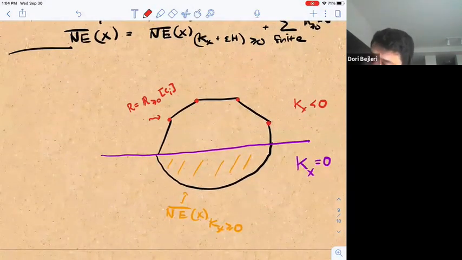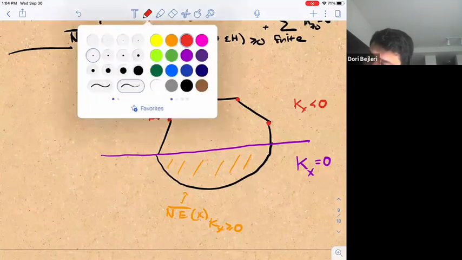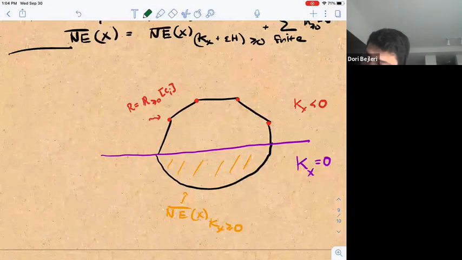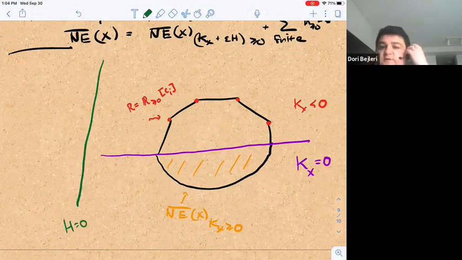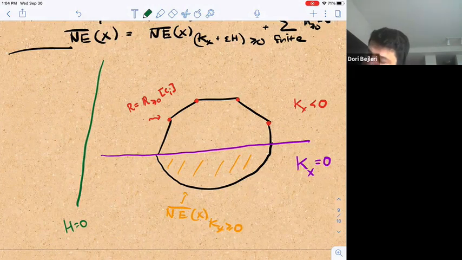So 2 says that if we start with some ample, which lives over here, so here's H equals 0, because the full cone of curves is contained in H greater than 0. If we look at some really small multiple of this H plus the canonical, it's going to slice it something like this, maybe.